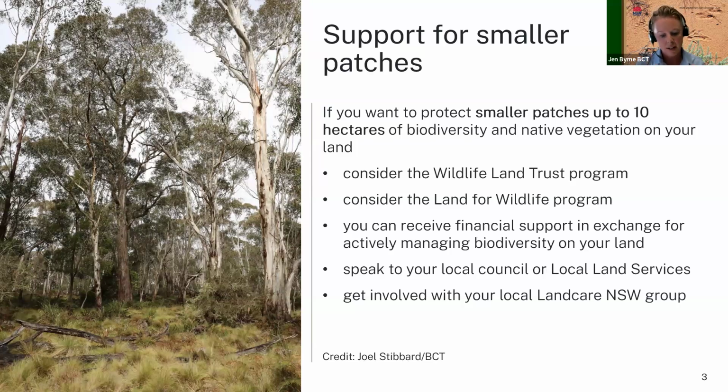So you can access support and also financial support to help you manage biodiversity on your land. They offer grant programs and extension support as well. So if you've got a smaller patch of land, say less than 10 hectares, and you're interested in an agreement, have a think about Wildlife Land Trust and also Land for Wildlife.